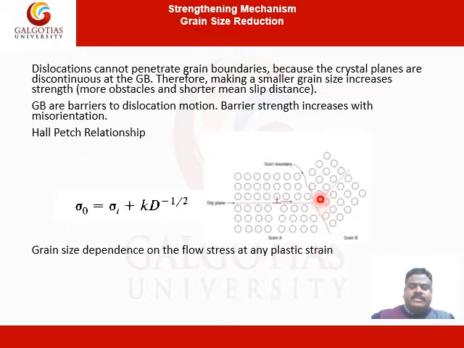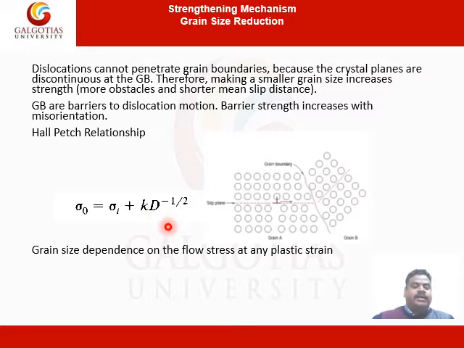So we found that these grain boundaries are barriers to dislocation motion. Barrier strength also increases with the misorientation. So the Hall-Petch relationship gives the yield stress dependence. Sigma naught gives the normal yield stress. Sigma i denotes the friction stress, or the overall resistance of a crystal lattice to dislocation movement. Then k is denoted as a locking parameter, or relative hardening contribution of grain boundaries.